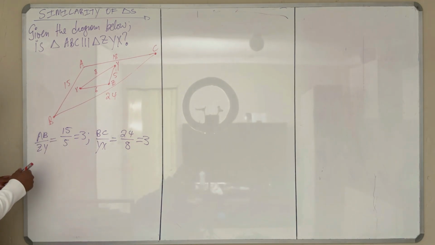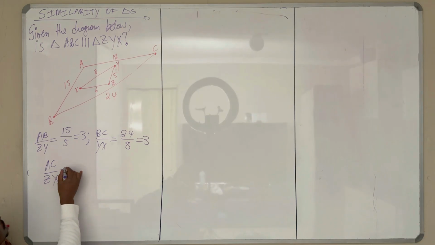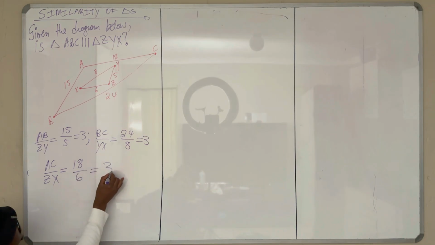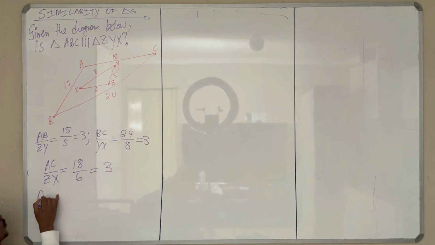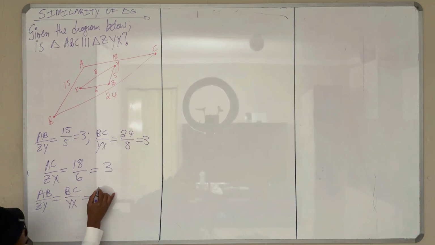So let's go to the last one, which is AC over ZX. What is your AC? This is 18. ZX is 6. This is 3. So you can see that AB over ZY is equal to BC over YX, which is equal to AC over ZX.